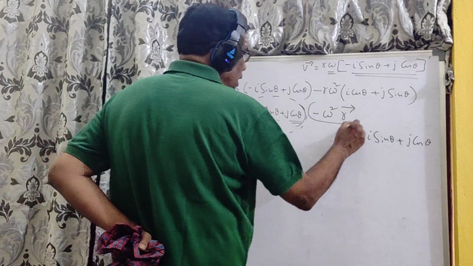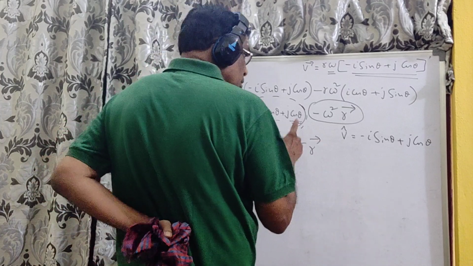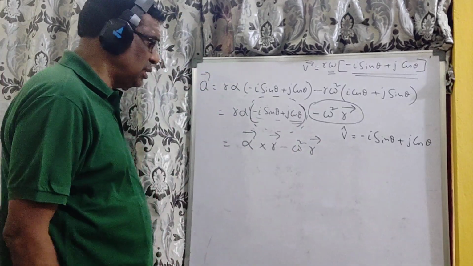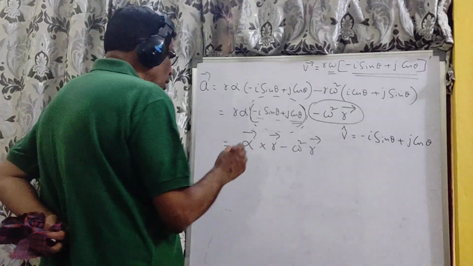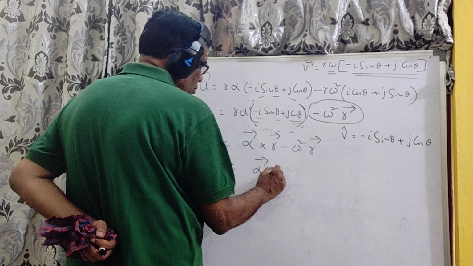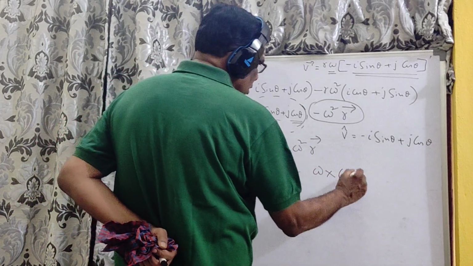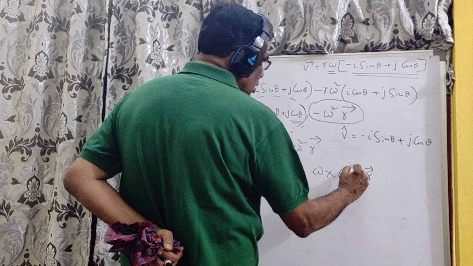Now, this is minus omega square R bar. There is another issue here also. I may not explain it to you here, but I will write down minus omega cross R.